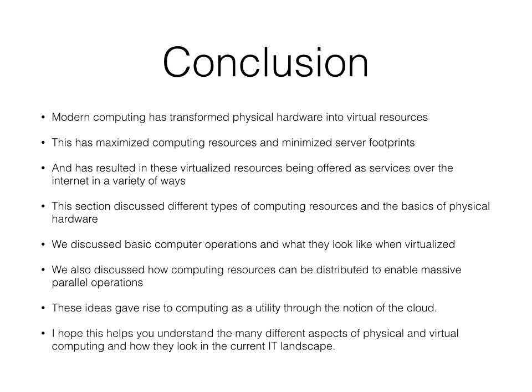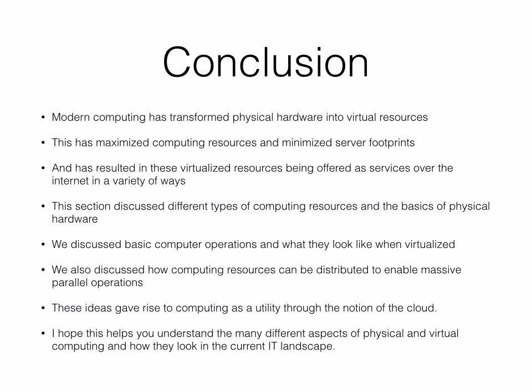So let's conclude here and talk a little bit about where we've come and the philosophy of how I've guided this lecture. We talked first about physical hardware, and modern computing has transformed physical hardware into virtual resources, with the exception of the computers that you're using to watch this presentation or do things for this class or your other classes.